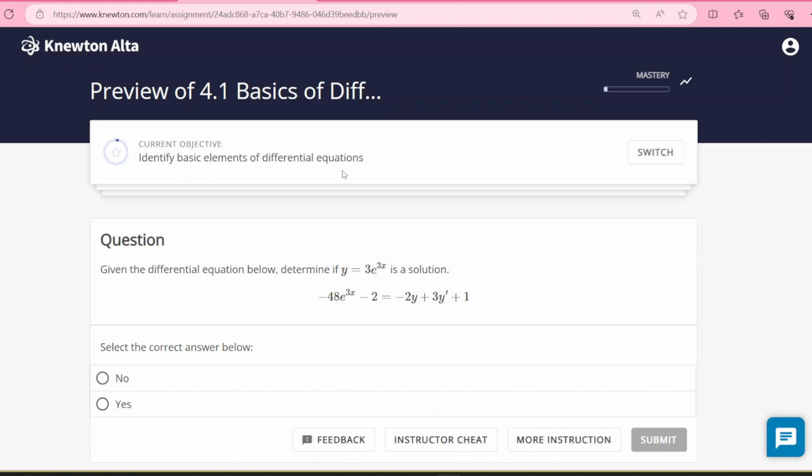So it's the same problem as last example where you're asked to identify basic elements of differential equations, and we're given a differential equation, something involving a function called y of x, and then its derivatives, right? Just y prime here. And we're asked to determine if a given function, y equals 3 times e to the 3x, is a solution, does it satisfy this equation? So there's just a lot of substitution and checking, is the expression on the left the same as the expression on the right?